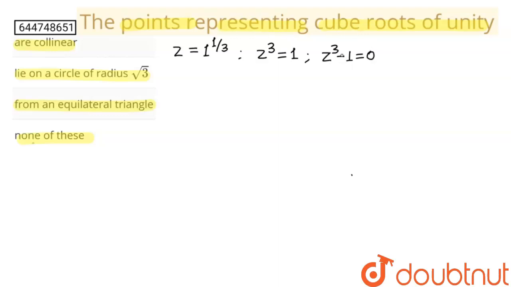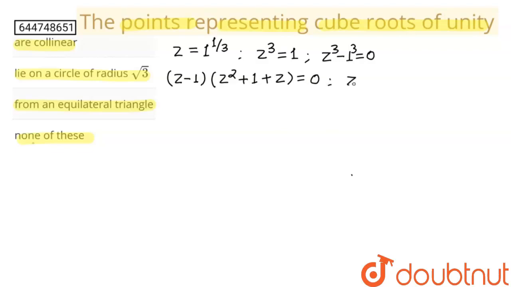So first of all, let me find the roots of this equation. I'm going to consider this a cube minus b cube. So this will become (z minus 1) into (z square plus 1 square plus 1 times z) equals 0.